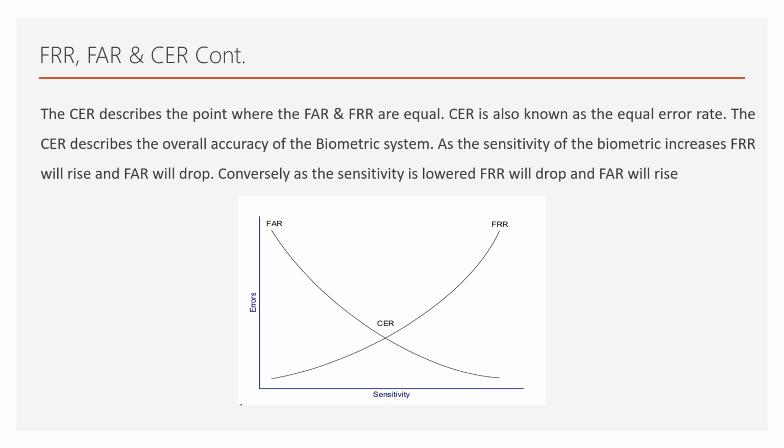In the real world, the CER value will be something like 0.2, 0.3, 0.4. The lower the CER, the better the biometric system.